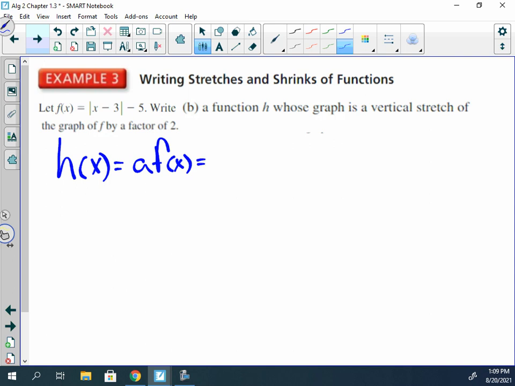What are we going to replace a with? Yeah, 2. So it'd be 2 times f of x. Now, what is the function f of x? It's the absolute value of x minus 3, minus 5, and this whole thing is in parentheses.